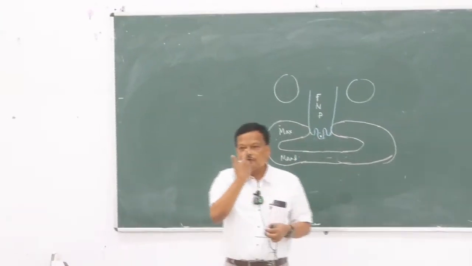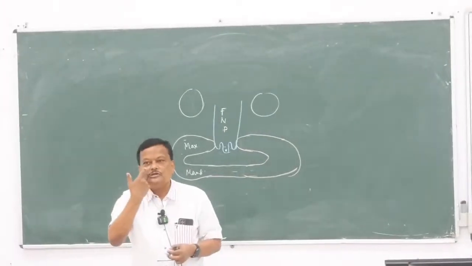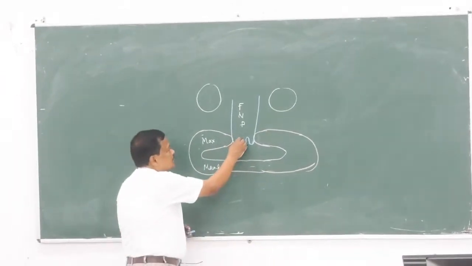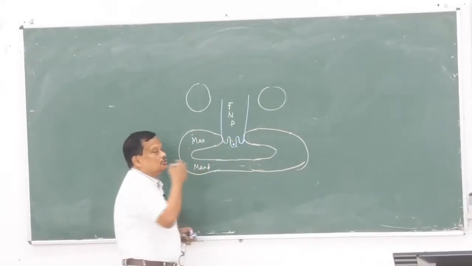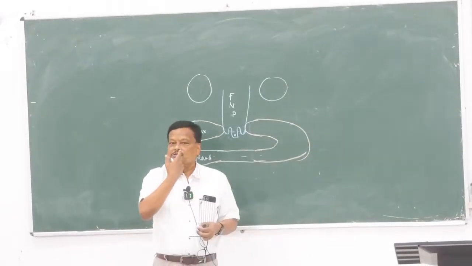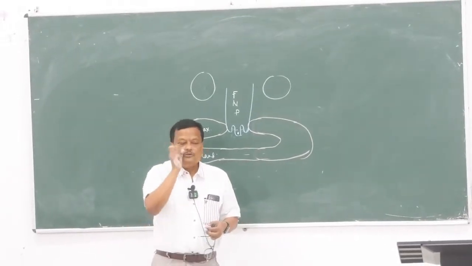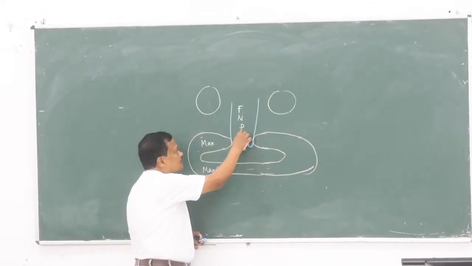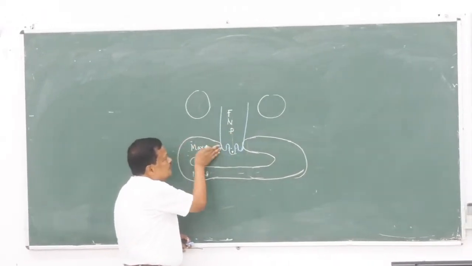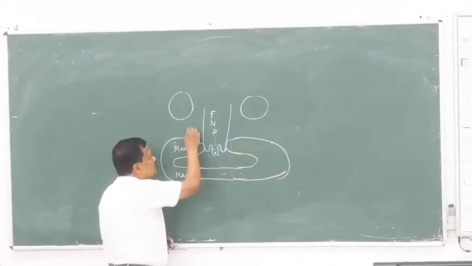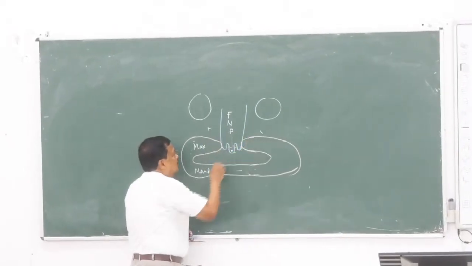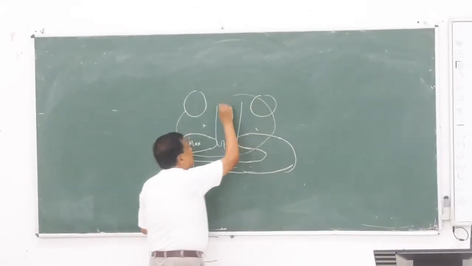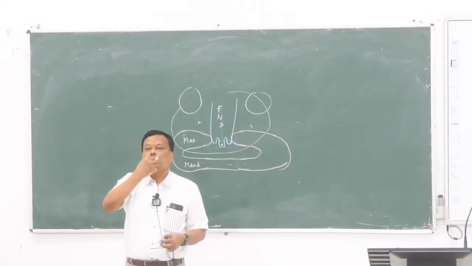You can easily understand this is the medial nasal process and this is the lateral nasal process, and there is a depression which forms our external nares, right? So in the midline there is the frontonasal process, and the maxillary process on either side, right and left, and ultimately these form the upper part of the face including the upper lip.